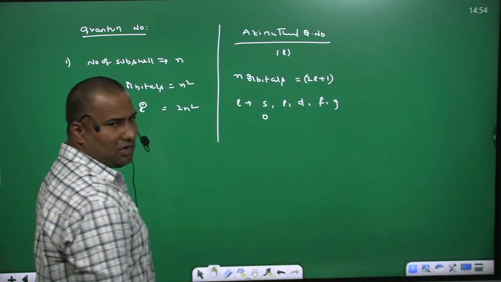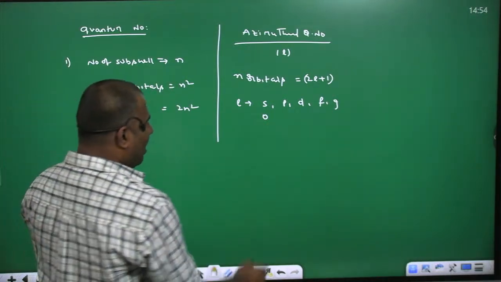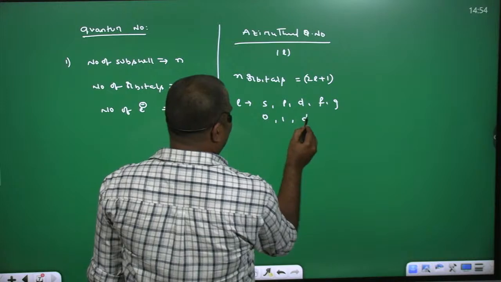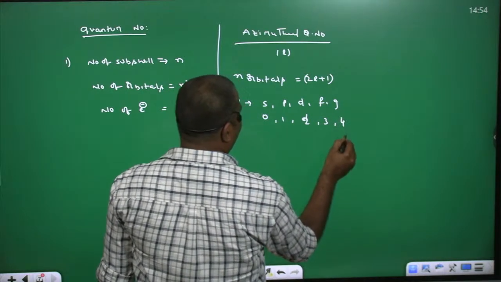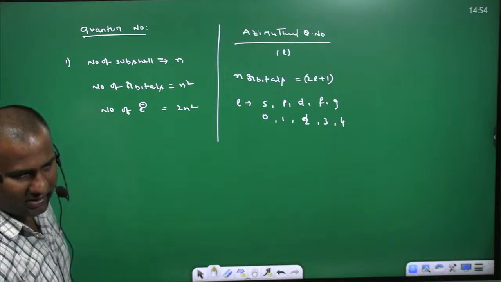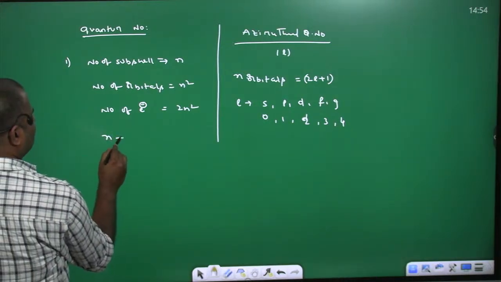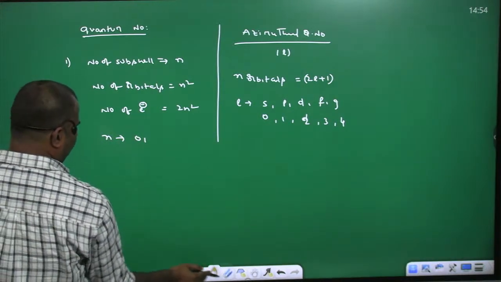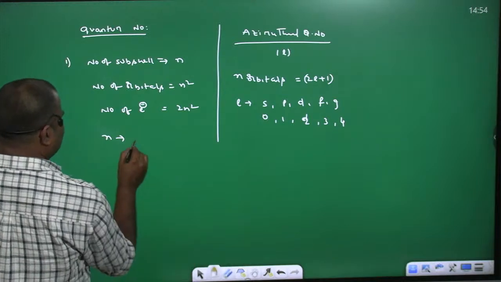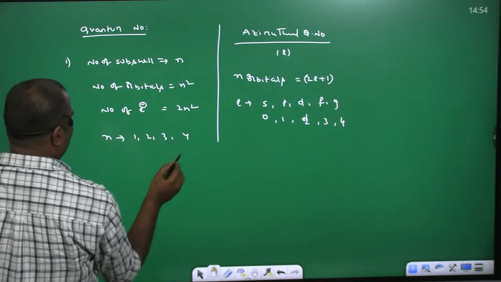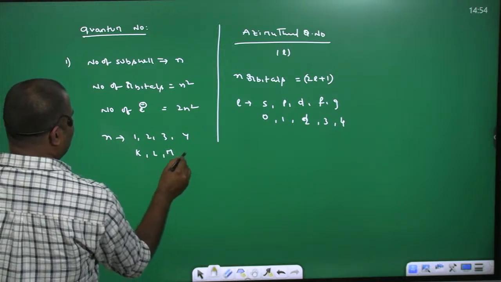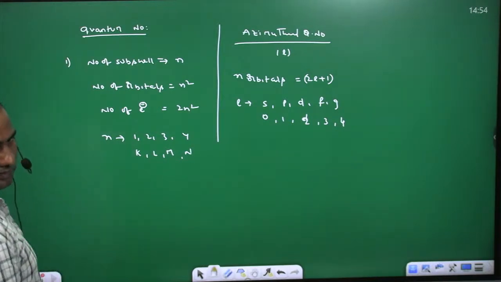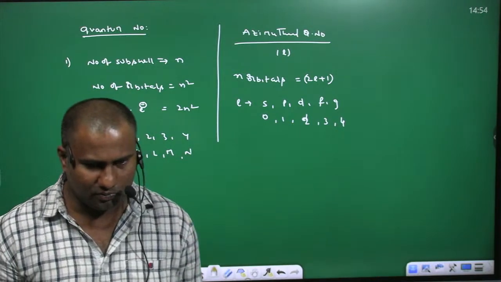For the s orbital you take 0, for p you take 1, for d you take 2, for g you take 4. In the same way, n starts from 1, 2, 3, 4 and so on. These are the K shell, L shell, M shell, N shell.